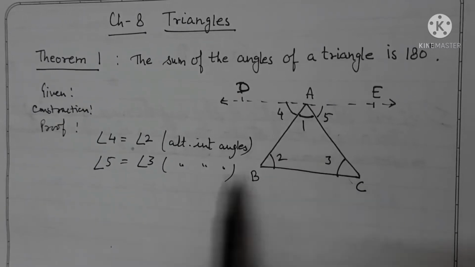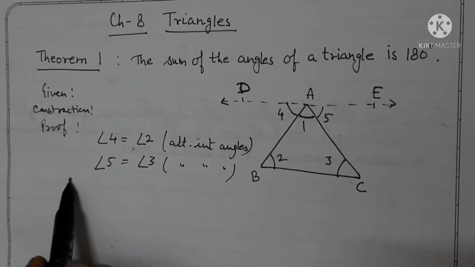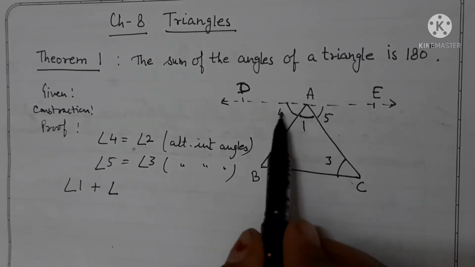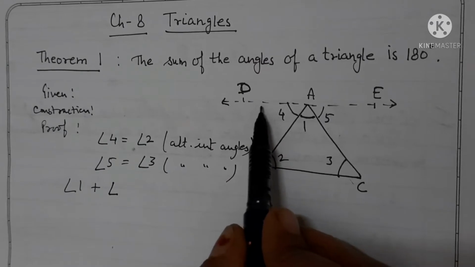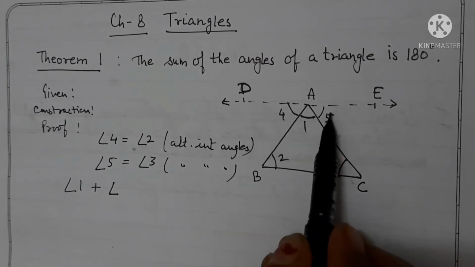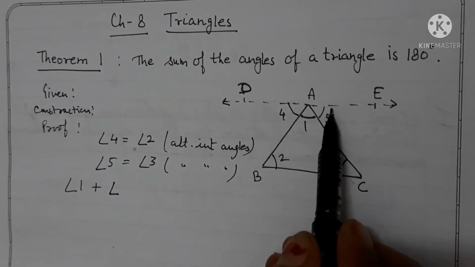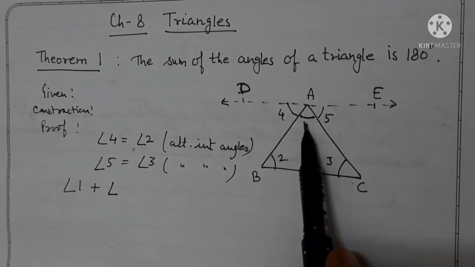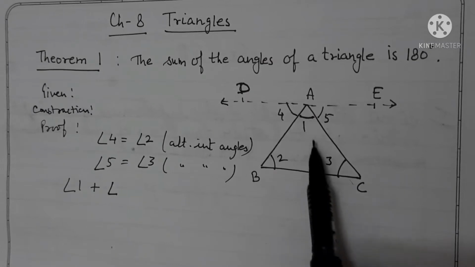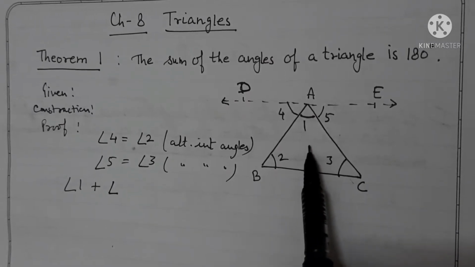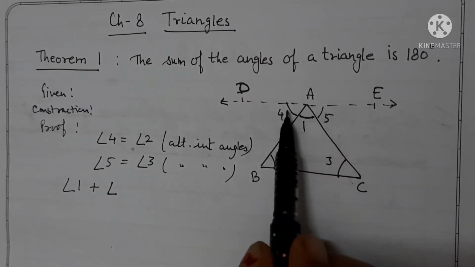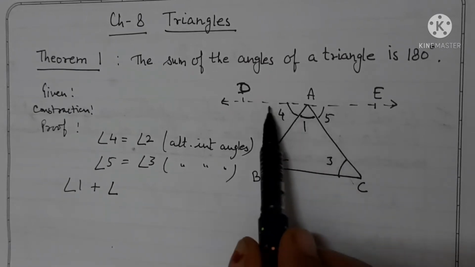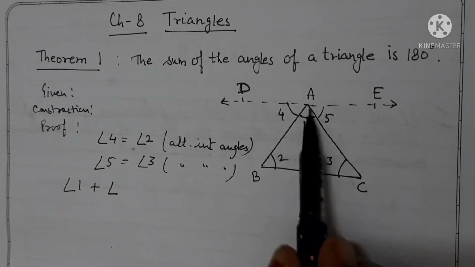Now write the sum of the angles. Here you can use the sum of these three angles on a straight line will be 180 degrees, because we will not take the sum of angles 1, 2, 3, because this is what we have to prove. So we will take the sum of these three angles that lie on a straight line on the same side.